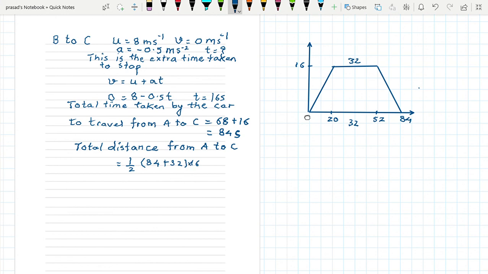So that comes out to be how much? Half into, so 16 and 2 cancels, that is 8 into 84 plus 32, that is 116.